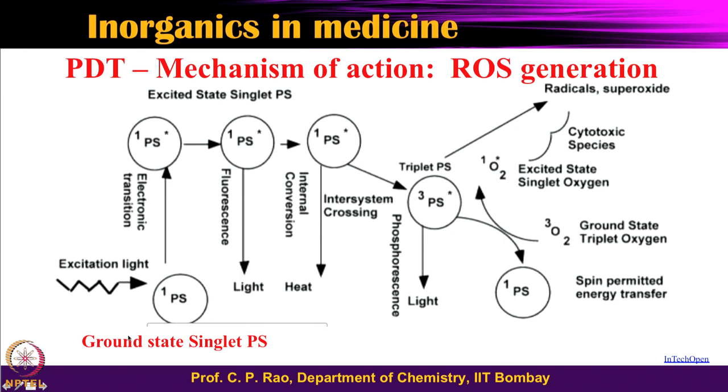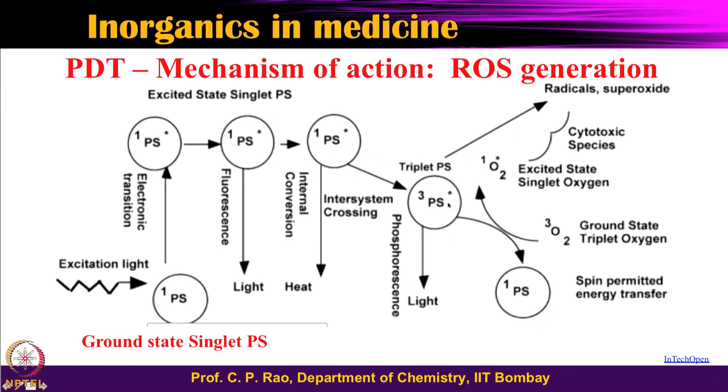This is the ground state of the photosensitizer, and now shine light, it will go into an electronic transition, the electronic excited state shown with this star, but still singlet, and this can, as I said, go to the zero vibrational level in the excited electronic level and release the energy in the form of light, which is fluorescence, or it can change from one vibrational level to the other to the other, which is called internal conversion, and that can deactivate the vibrational state, or it can do intersystem crossing as I mentioned earlier, and it will go from 1PS to 3PS. This star is excited.